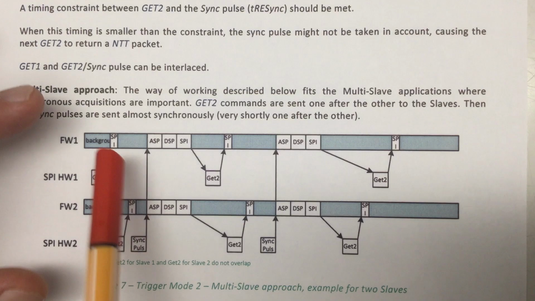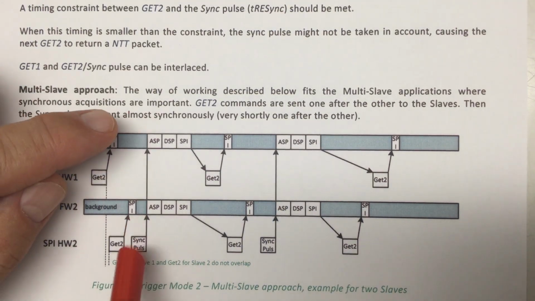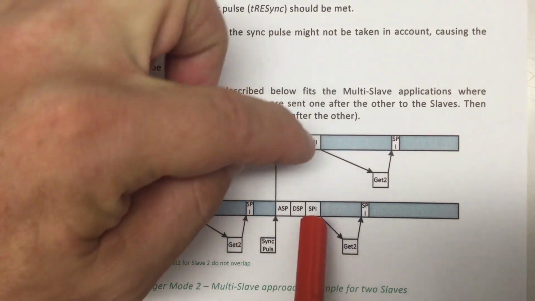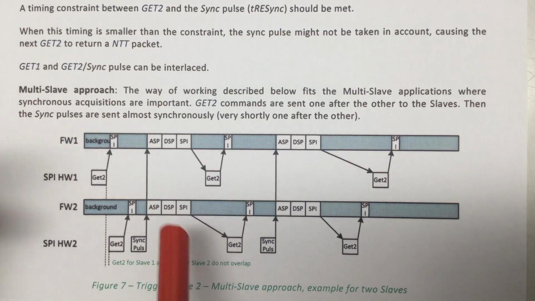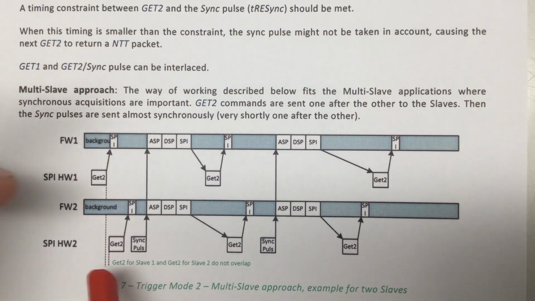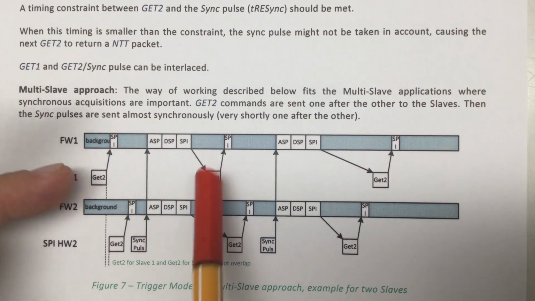Why would you use trigger mode 2? Well, in case you have multiple slaves and you want to exactly sync up the measurements of each slave, then you can do that with trigger mode 2. I mean, you cannot send at the same time get2 commands to different slaves, so you do that in a staggered manner.